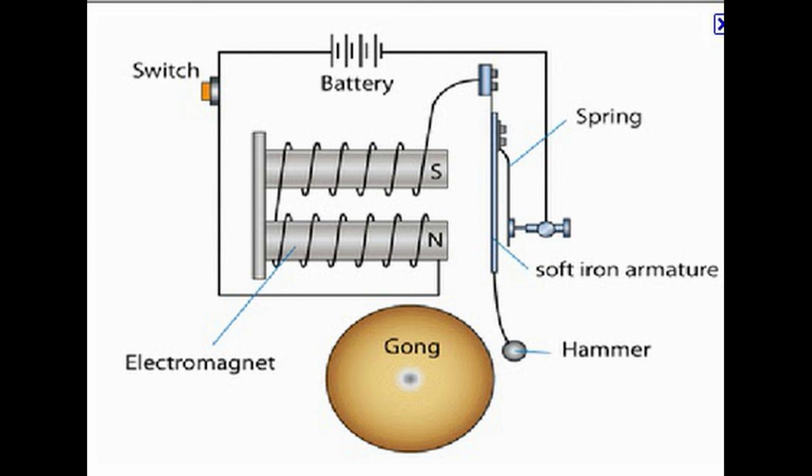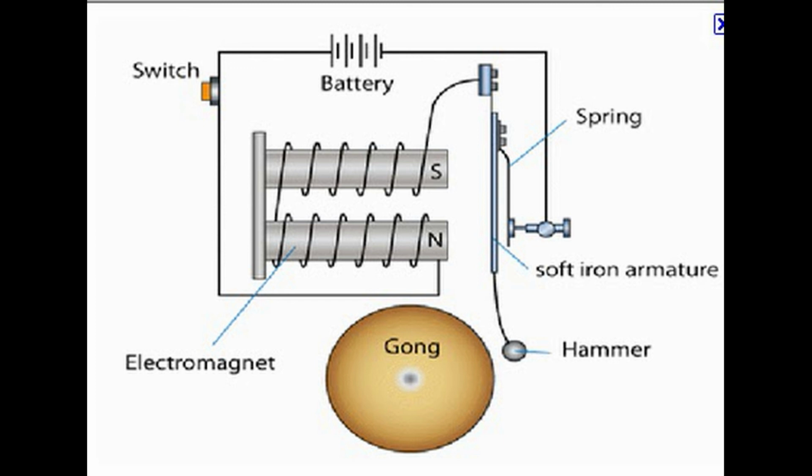The current through the coil stops flowing. So the coil changes back to the normal condition. When the power is gone, the coil is no longer an electromagnet. It no longer attracts the iron strip.